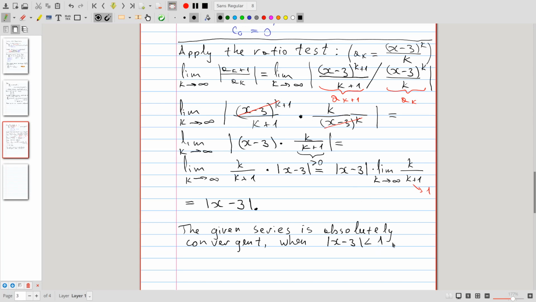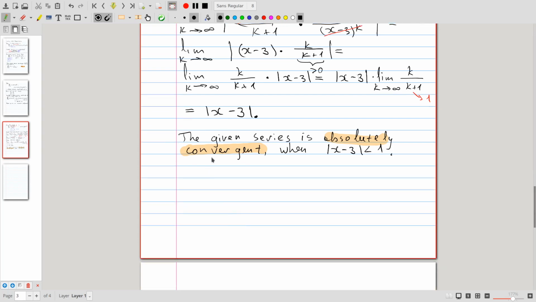Furthermore, it is divergent when the expression that comes out of the ratio test is bigger than 1.